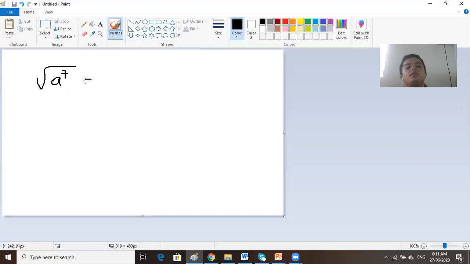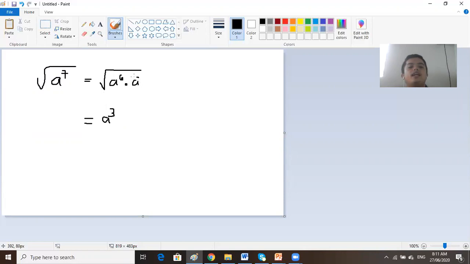So all you have to do is write up to what limit the 7 can be divided by 2, in this case up to 6 only, a to the 6. With this, you can divide directly, 6 divided by 2, that is a cubed.